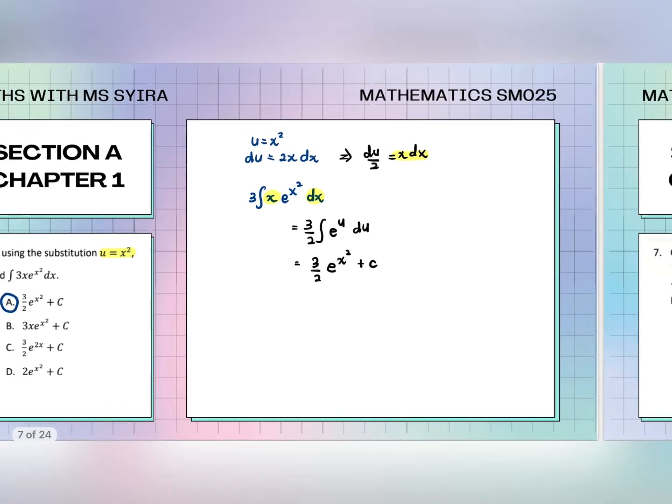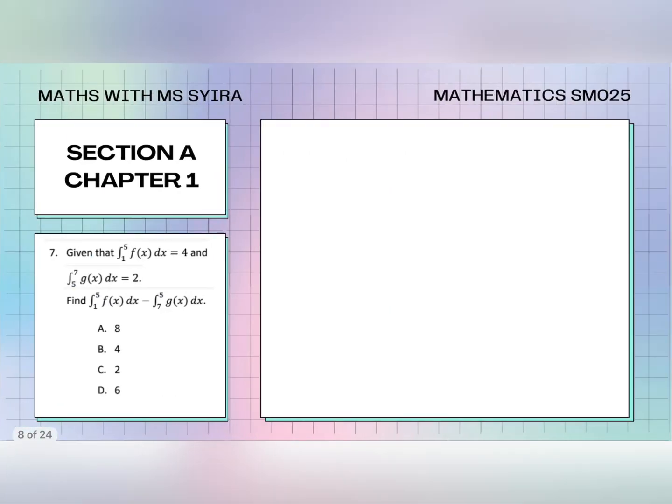Okay, moving on to question number 7. Given that the integral of f(x) from 1 to 5 is 4, and the integral of g(x) from 5 to 7 is 2. Find the integral of f(x) dx from 1 to 5 minus the integral of g(x) dx from 7 to 5.